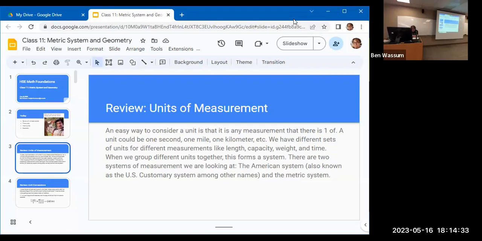So we have the American units, we have the metric units, and yeah, that's pretty much it.